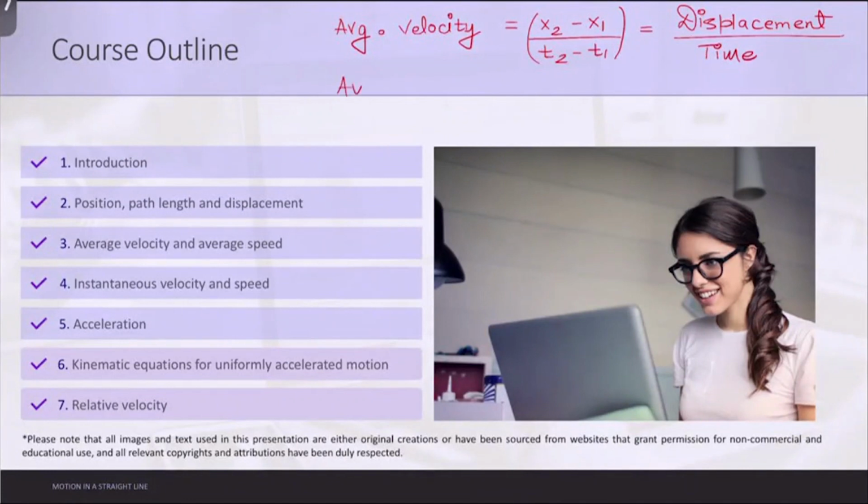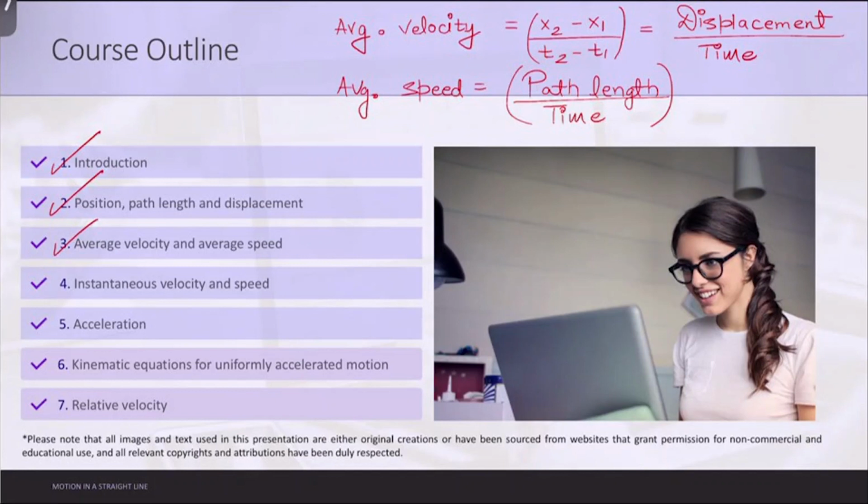Similarly, what is average speed? Average speed is nothing but the total path length upon time. That is how we conceptualized these two situations: one was average velocity and another was average speed.